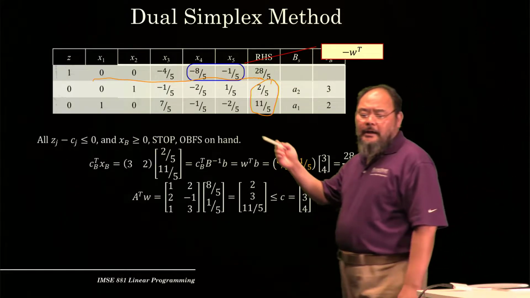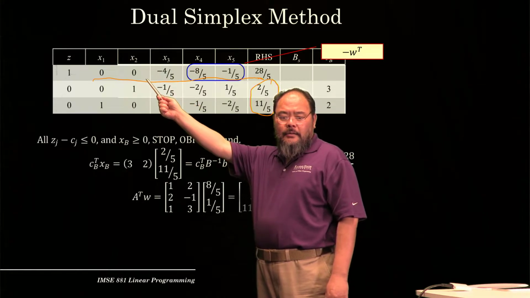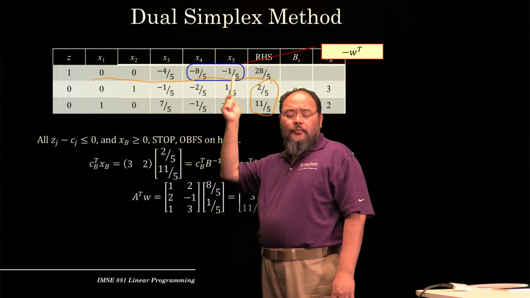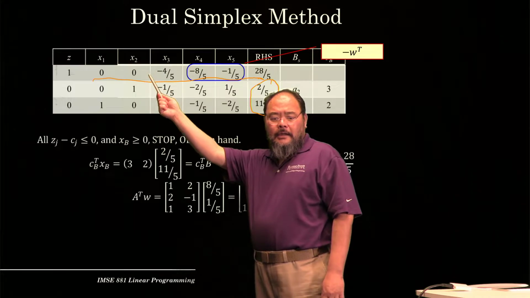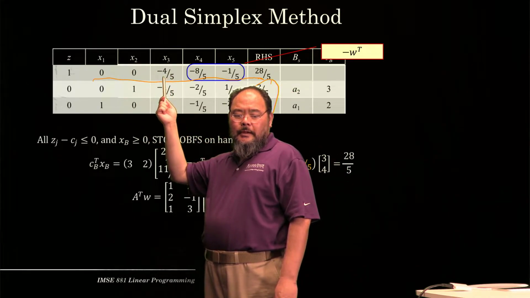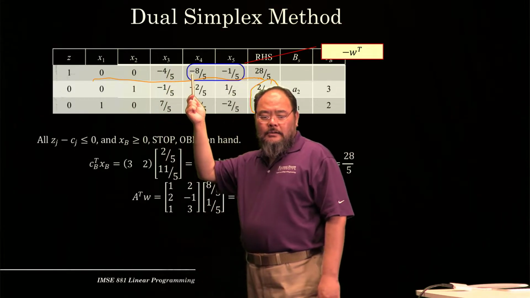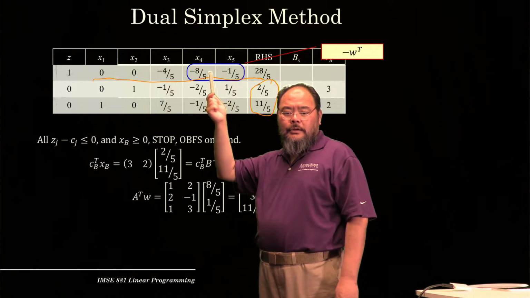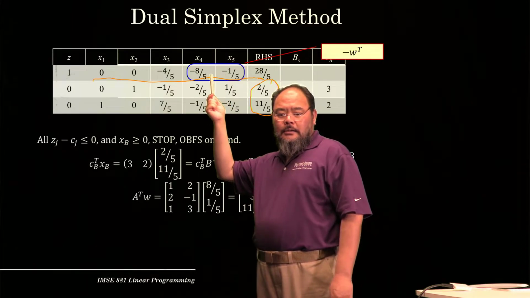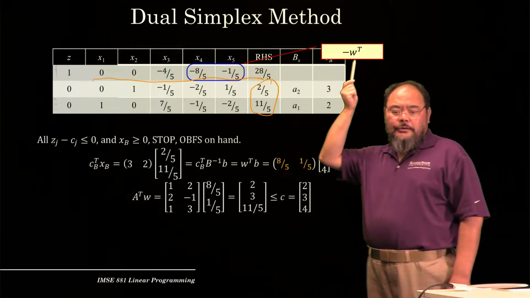So if you look here, in the beginning of the dual simplex method, we have dual feasibility. First, the original three constraints correspond to the original x variables. The surplus variables portion actually represents the dual solution.